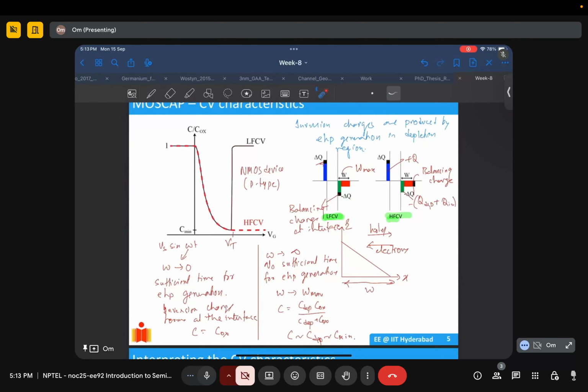This process is slow. Electron hole pair generation is slow, so it does not react to the high frequency signal. You can only see this generation in the low frequency signal. That's why in low frequency we get a CV like this, and in high frequency we get a CV like this.